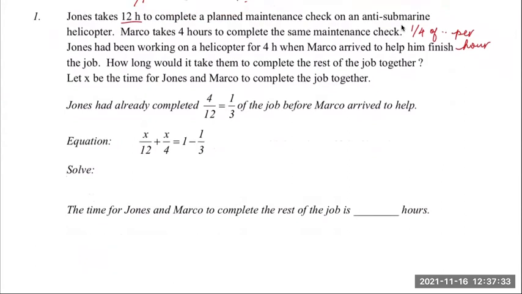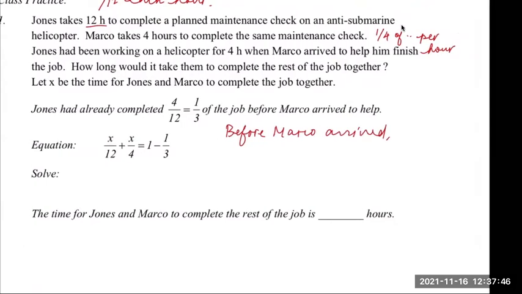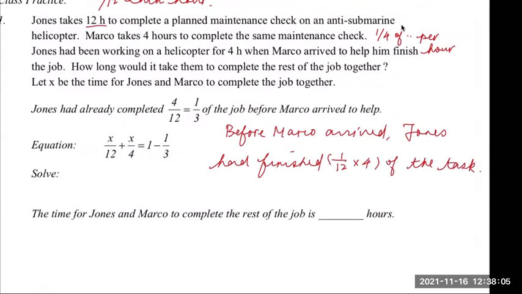That means before Marco arrived, Jones had finished 1/12 times 4 of the task, right? 1/12 here stands for how much of the task Jones can finish each hour, and 4 here means 4 hours.